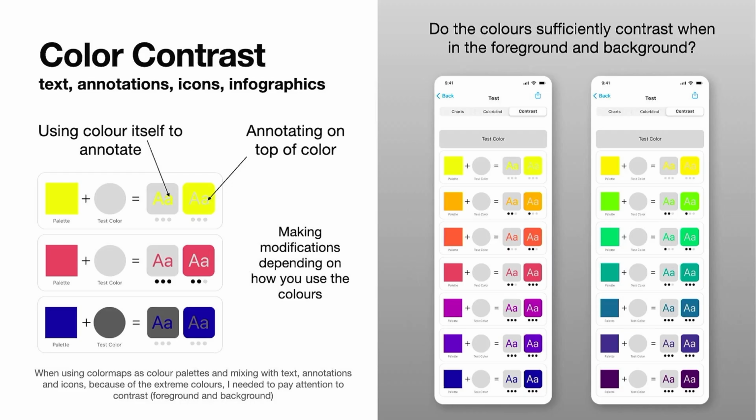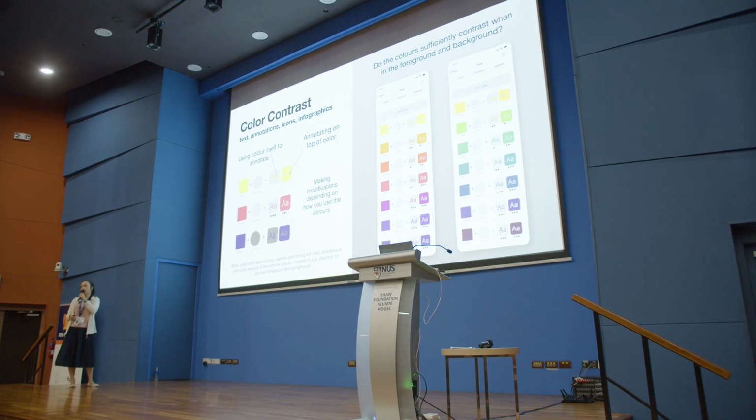On a dark background, this dark purple is not going to be so easy to see. So in the past when I used these color maps, it would depend on what I'm using them for, but I found that sometimes I would make some adjustments to the color map due to these accessibility issues.